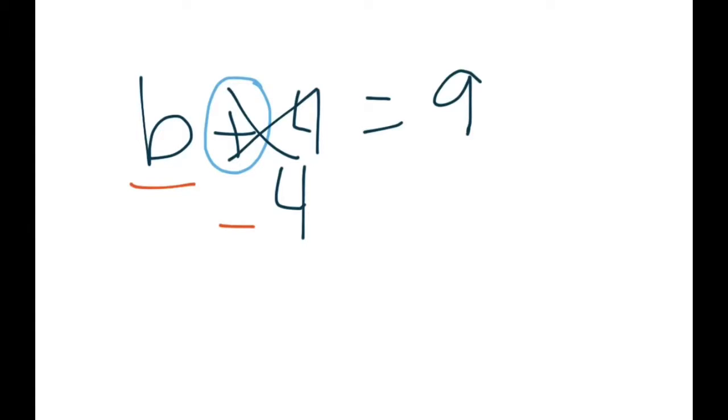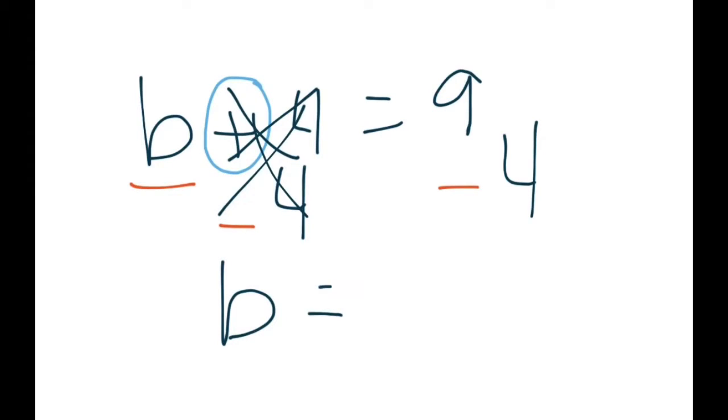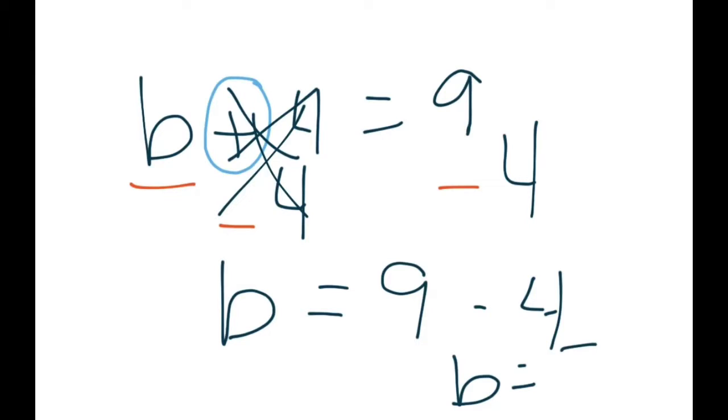So we're going to take away 4 from this side as well. That will leave us with b over here, because this will be all crossed out, equals 9 minus 4. If we solve it, it'll leave us with b equals 5.